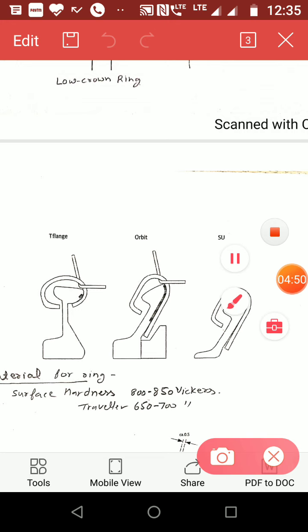These are other types of rings: T-flange, orbit ring and SU ring. In SU ring, SU stands for Soviet Union. This ring is a form of Russian development. It has two advantages, namely a large surface of contact for the traveler on the inner flange and a degree of compensation of forces acting on the traveler.